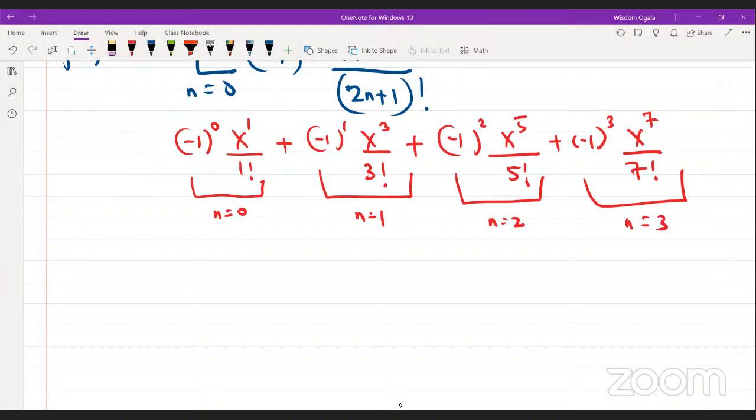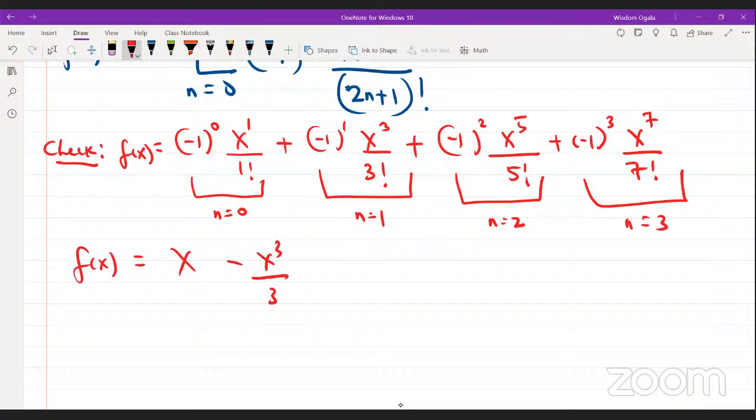Now let's see, so let me check. My f of x is going to be x minus x cubed over 3 factorial plus x to the 5th over 5 factorial minus x to the 7th over 7 factorial, on and on.